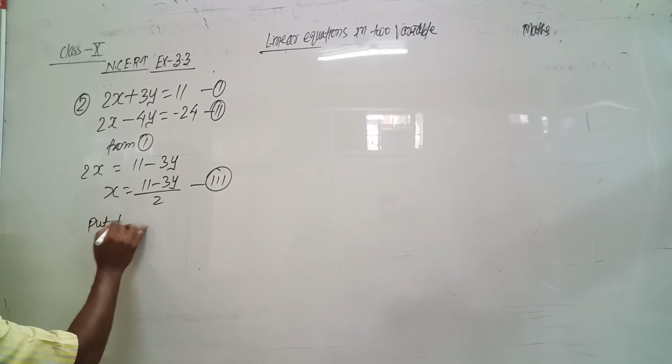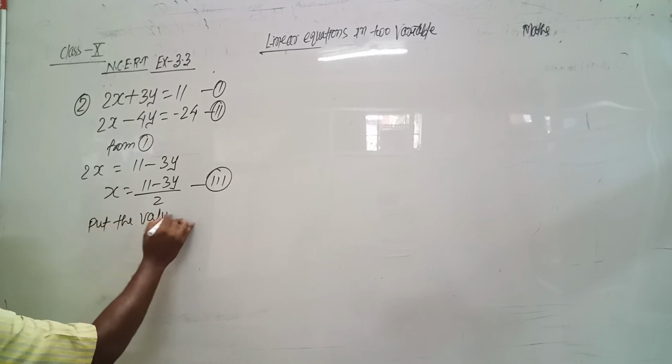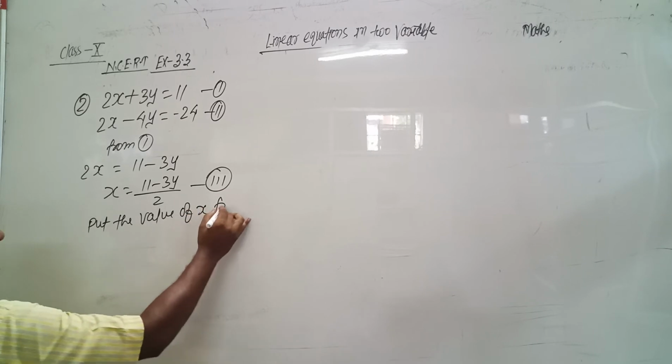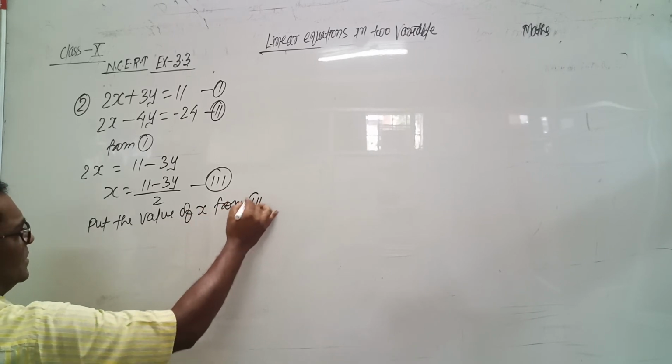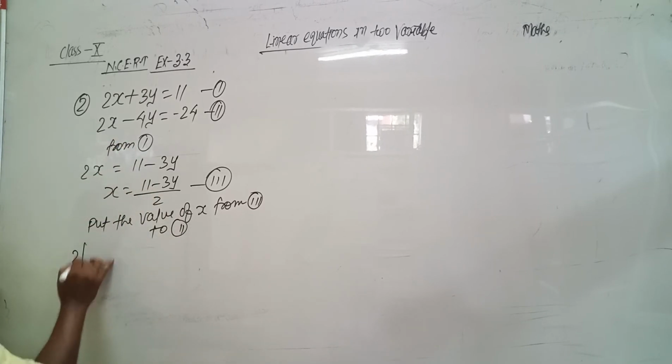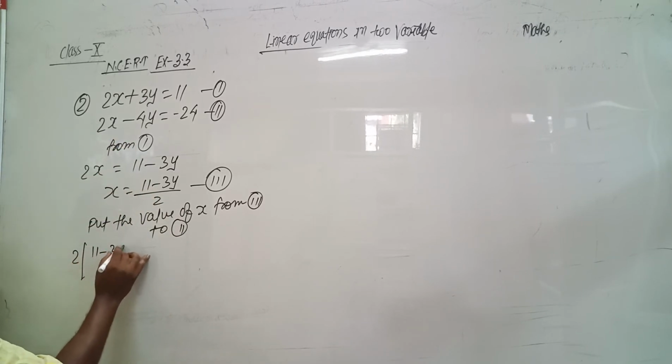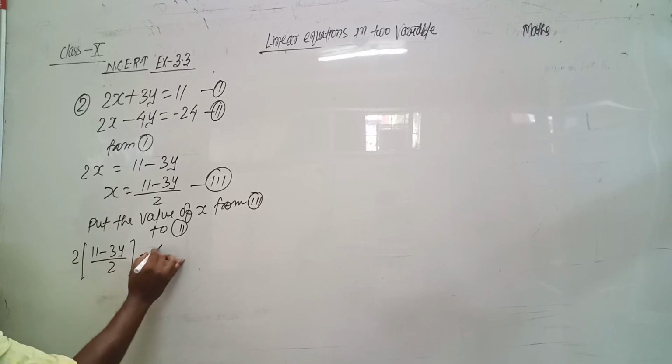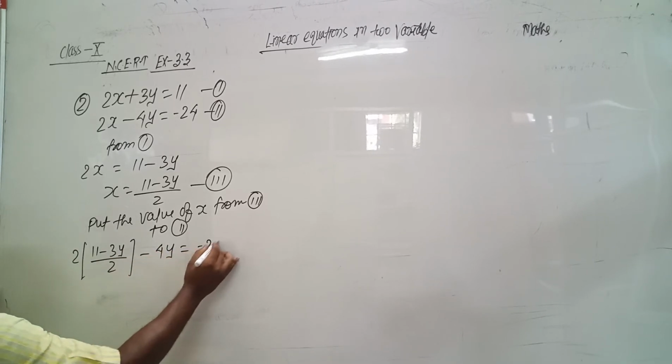Put the value of x from third into second. So this is 2x, and the value of x is 11 minus 3y by 2, and minus 4y equals minus 24.